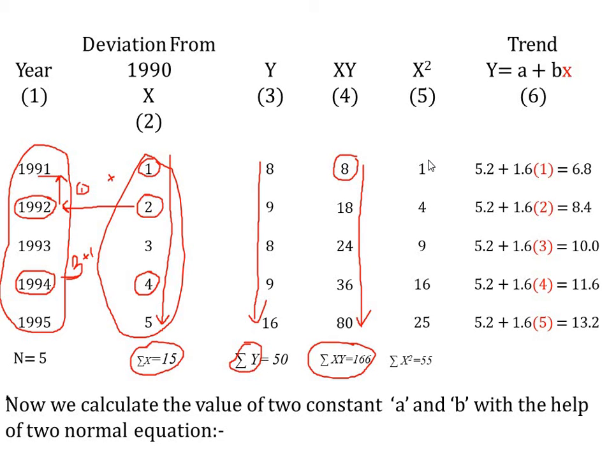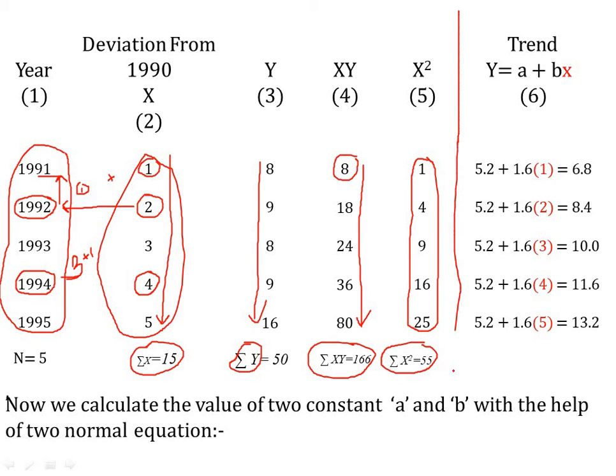Similarly I have to get one column for x square. So squaring all x values and then summing up together I get sigma x square. Okay, so this much data is required for the normal equations.